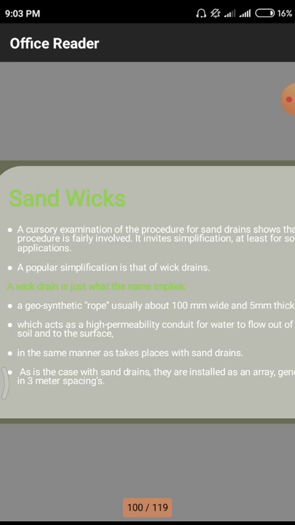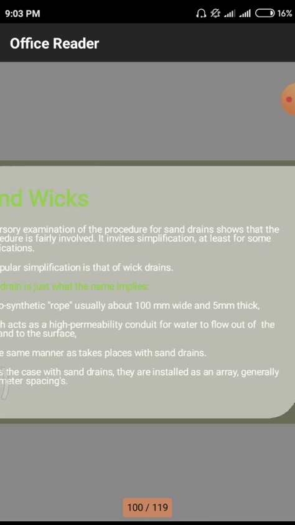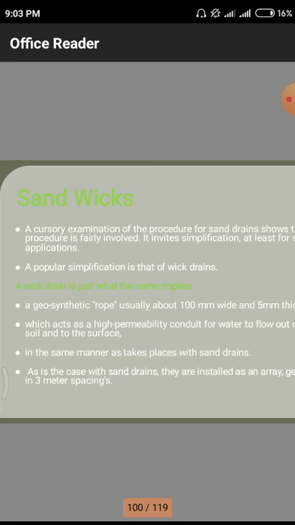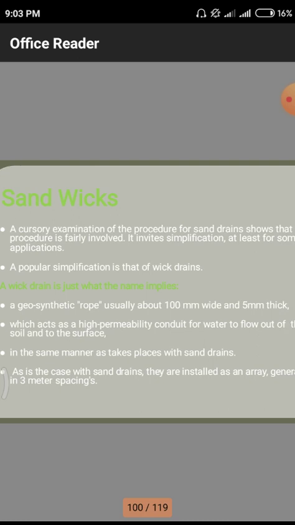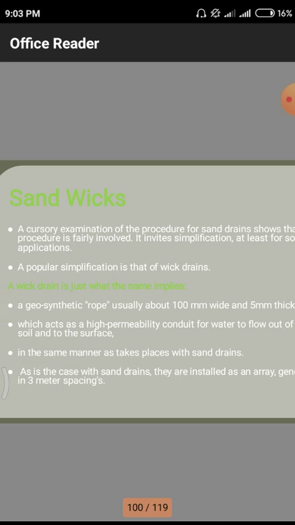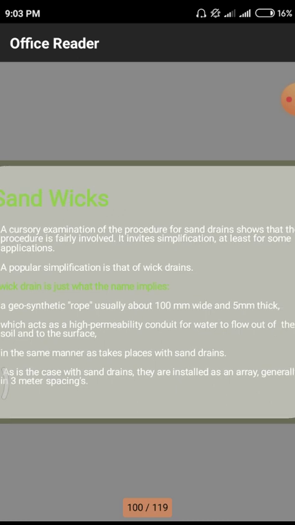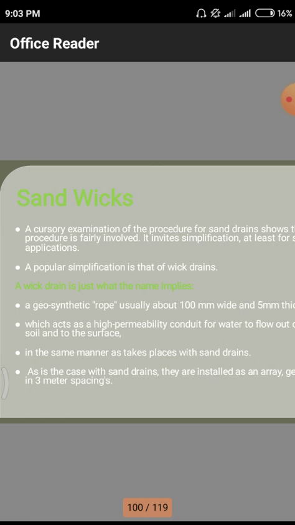Next, it acts as a highly permeable material to conduct water flow from the soil to the surface. Whatever water is present in the soil will permeate through these geosynthetic ropes, in the same manner as in sand drains, so the same principles apply. As with sand drains, they are installed in an array, generally at a 3 meter spacing.